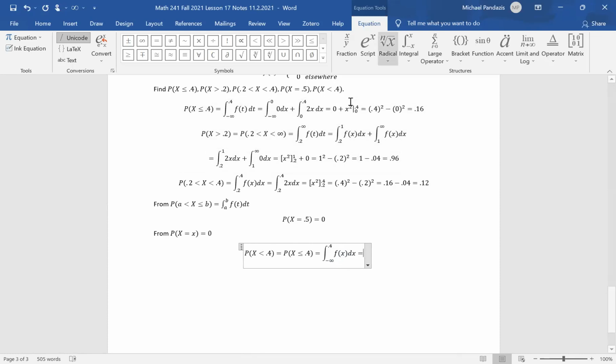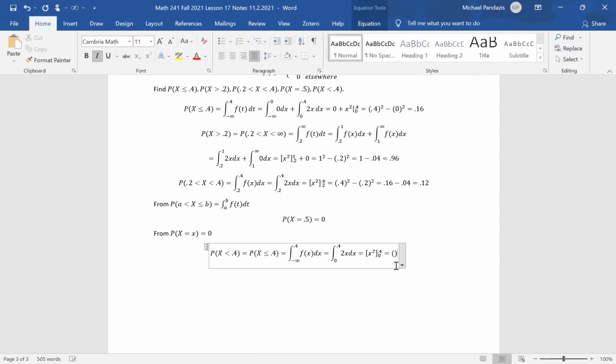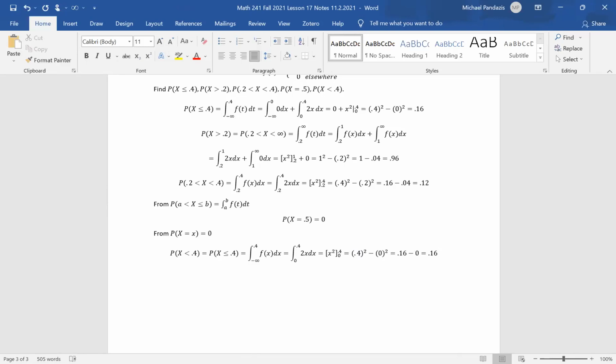Right, and then you split it up into two integrals, one of them is 0, so for shortcut, you write 0 to 0.4, and the PDF is 2x there. An antiderivative of 2x is x squared, and you evaluate it from 0 to 0.4. So this is equal to 0.4 squared minus 0 squared, which is 0.16 minus 0, which equals 0.16.